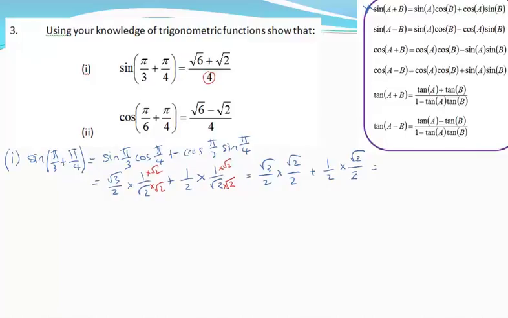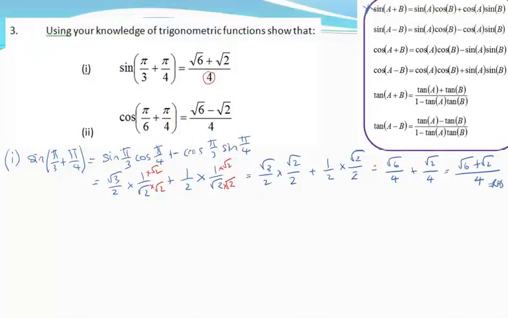So here we end up with root 3 times root 2 gives us root 6 on 2 times 2 is 4, plus 1 times root 2 is root 2 and 2 times 2 is 4. So we have the same denominator here, and at the top root 6 plus root 2 is equal to our right hand side.